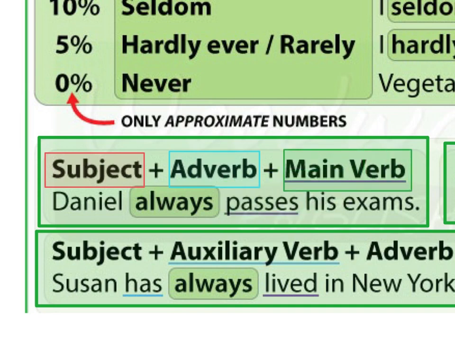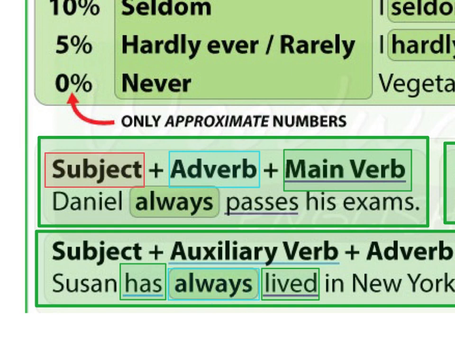The other type we talked about was when we had the helping verb, has or have. That's part one of the verb, and the other part of the verb is going to have ed at the end of it. And in between the two, we're going to put the adverb of frequency.